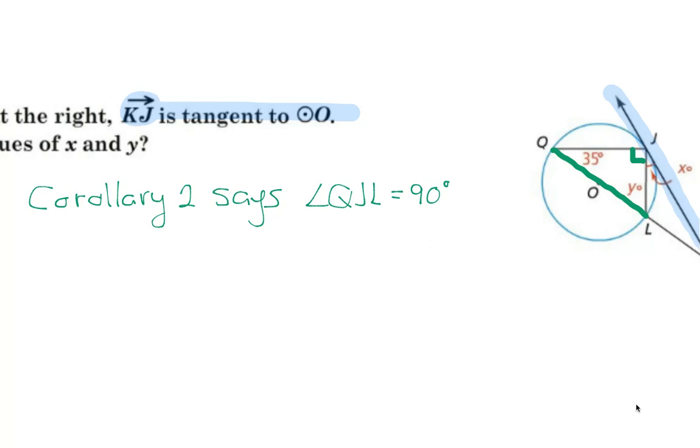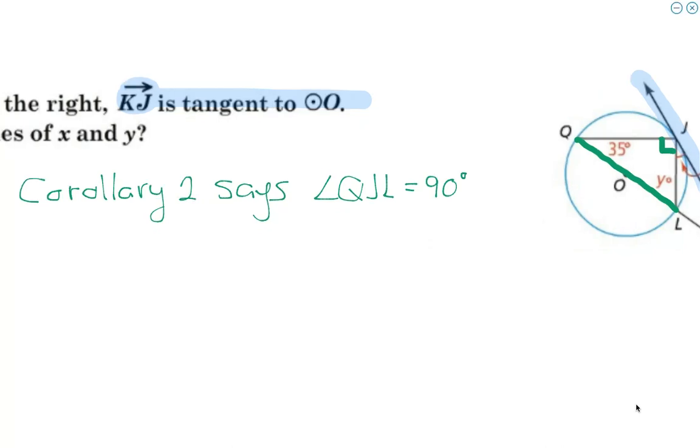And since that is 90 degrees, then we know that Y plus 35 plus 90 have to equal 180. Theorem 311.